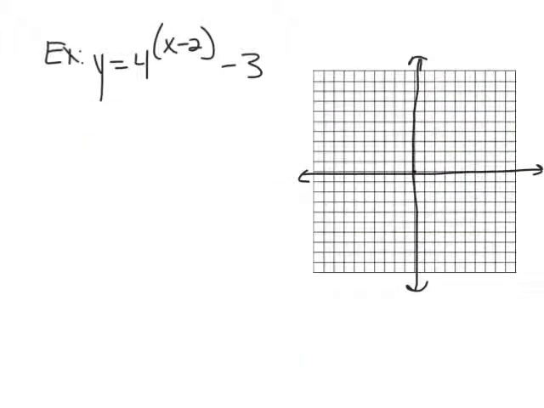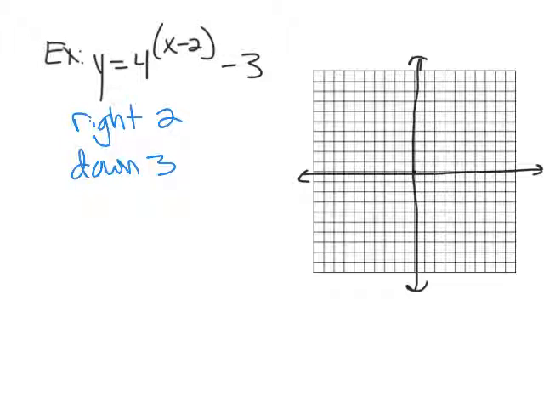So now we're going to apply two translations to this function. I have a base of 4, my exponent is x minus 2, and I'm shifting minus 3 on the outside. So that means I'm moving to the right by 2, because it's inside the function, so it's counterintuitive, and I'm moving down 3.